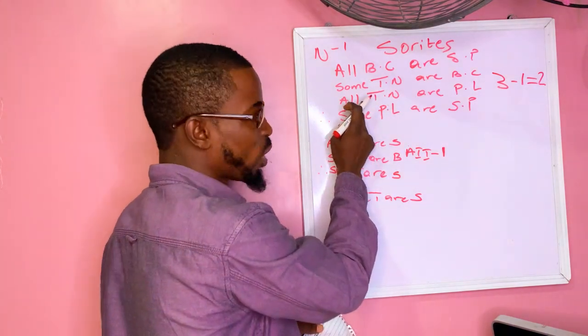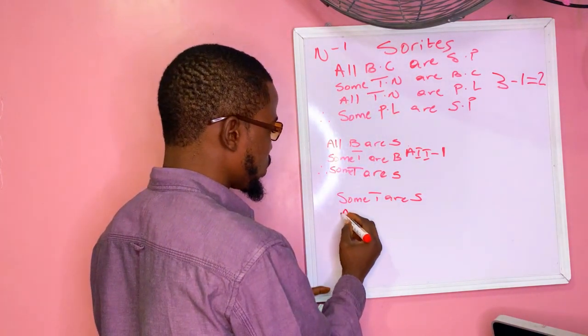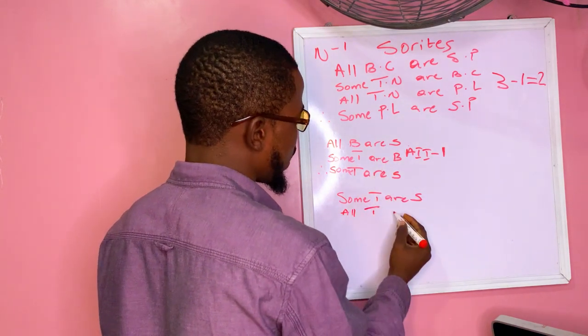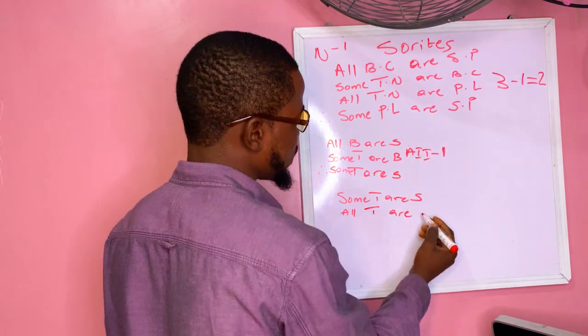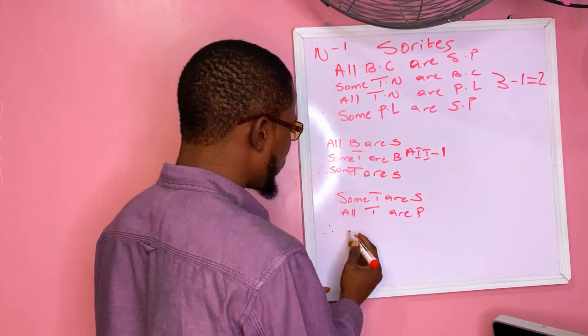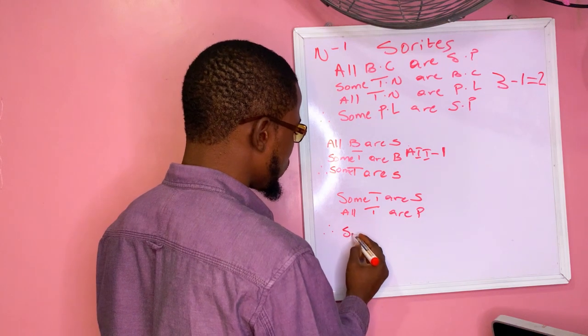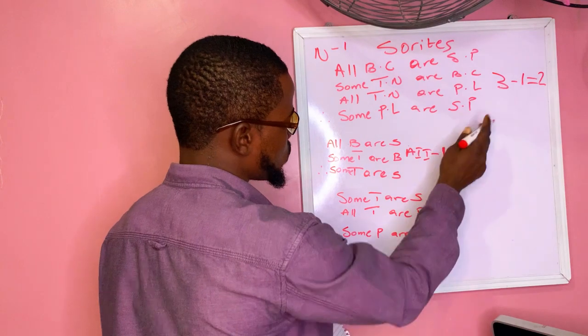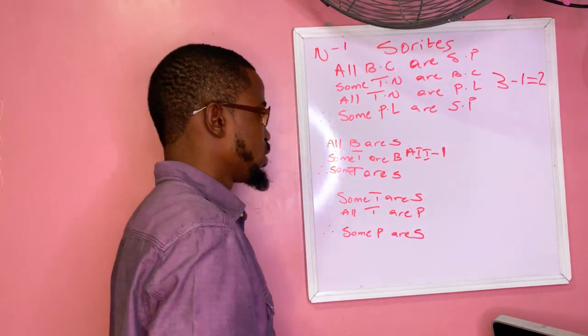I will continue from where I stopped here. All timid Nigerians, that's T, are people of low self-esteem. Let me say P. Therefore, some people of low self-esteem, some P, are superstitious people, S.